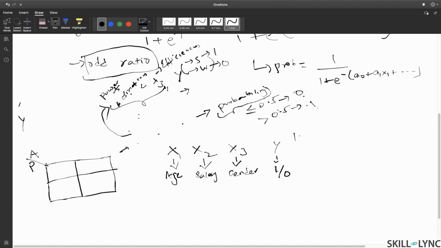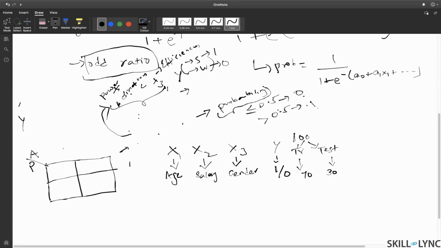Now say you have 100 data points which you have split into a training data set and a test data set. Say in training you have 70 data points, in test you have 30 data points.